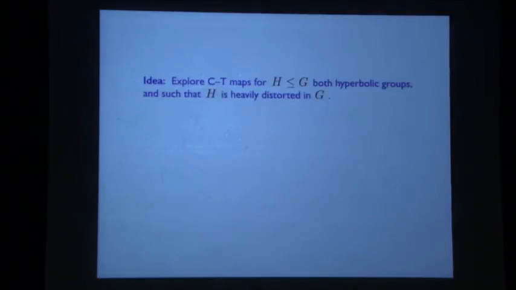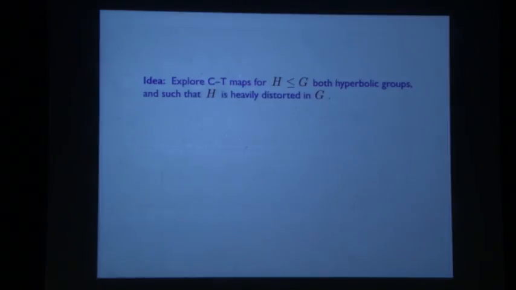The idea, when I was working on this, is to take examples of hyperbolic groups, H a subgroup of G, such that H is heavily distorted in G. That is, such that the intrinsic metric on H is very different to the metric it inherits from the group G it's sitting inside. Because when there's no distortion, the Cannon-Thurston map is readily defined because there's very little difference between the metrics. So this question about limits existing and being well defined doesn't really arise.